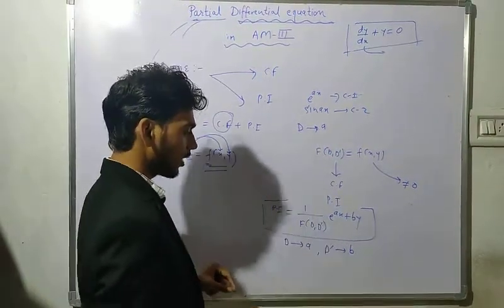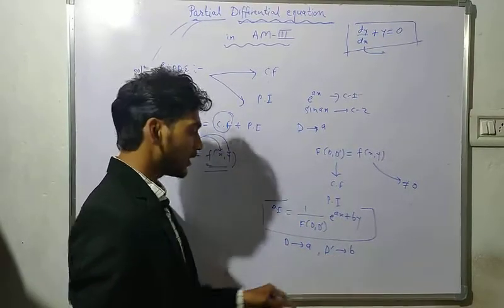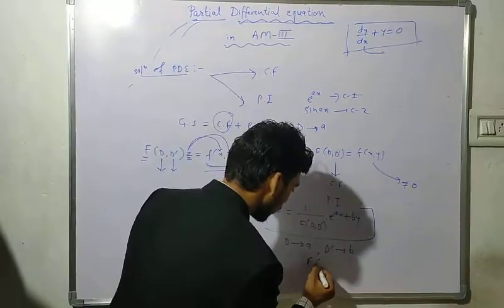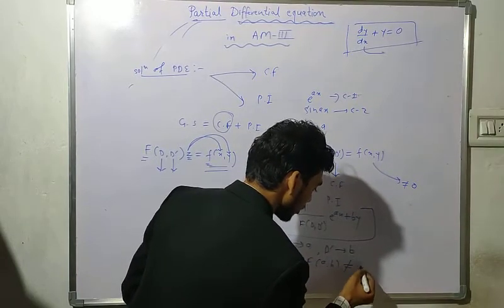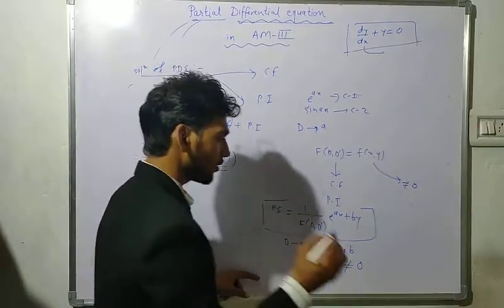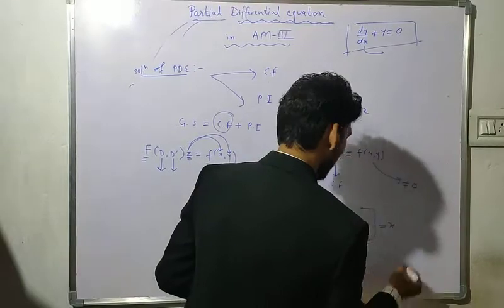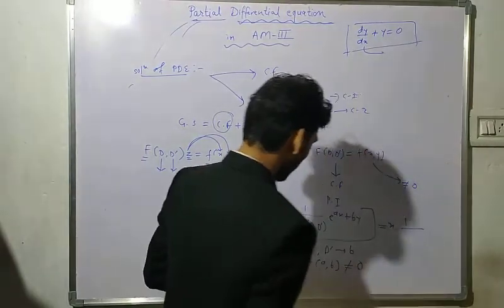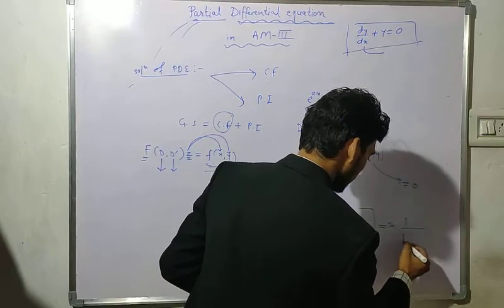And after replacing D by a, D dash by b, F of a, b should be non-zero. If it is 0, then we have to multiply this PI by x and differentiate F of D, D dash.